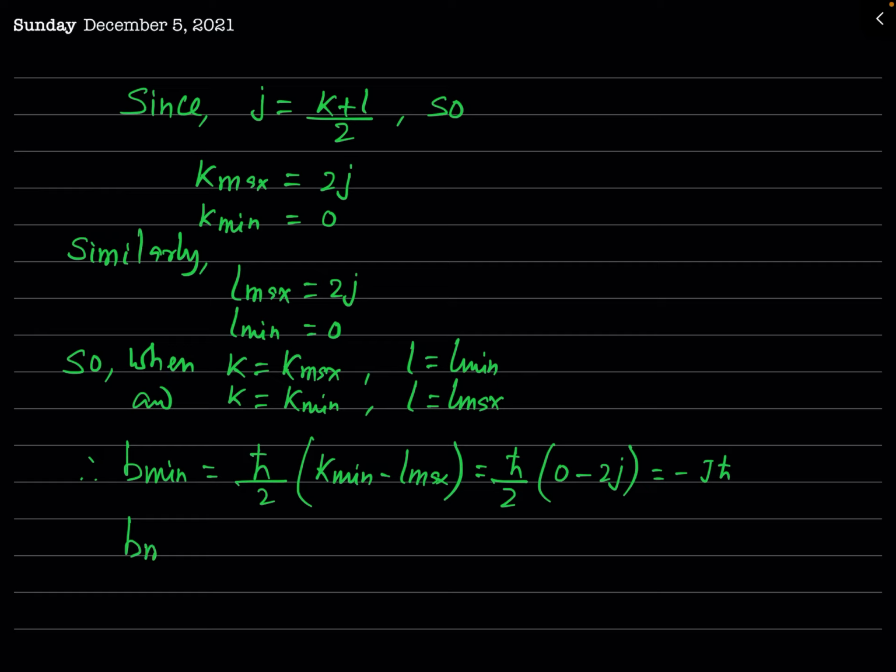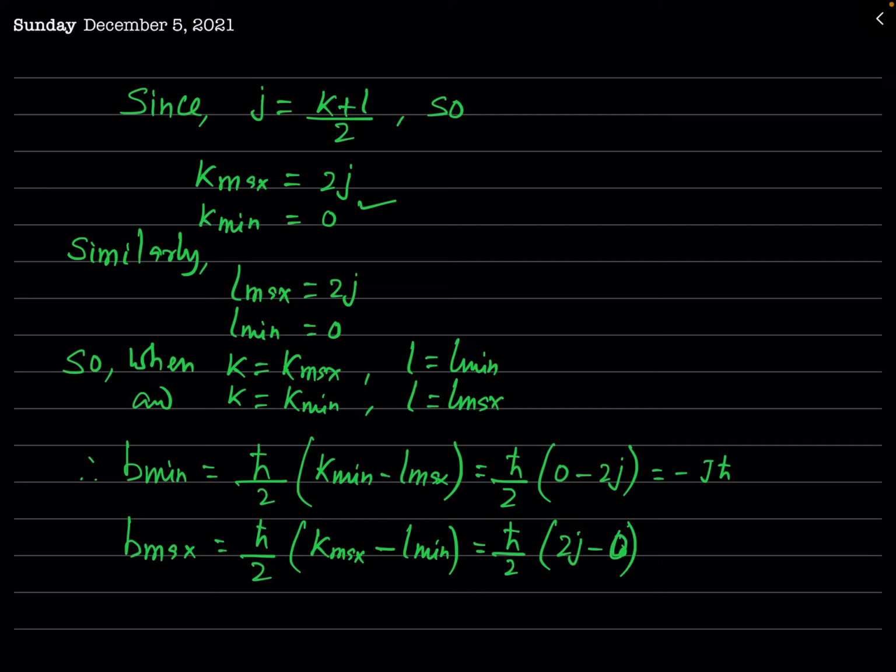Now in a similar manner, you can find the maximum value of B. This will be h bar by 2 and k max, and now you have to take k max and L minimum. This will be h bar by 2 times k max, which is 2j, and L minimum is 0.